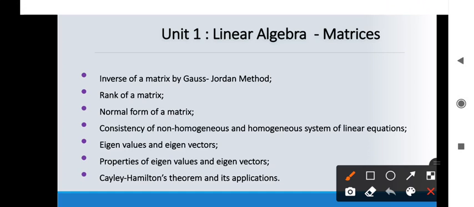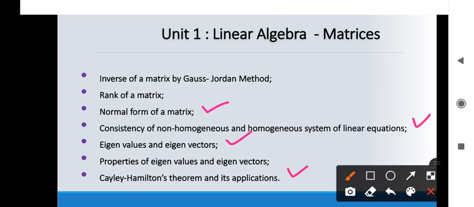Out of these 7 subpoints, there will be surely 4 questions from these 4 subtopics. So from exam point of view, these 4 subtopics are very important.